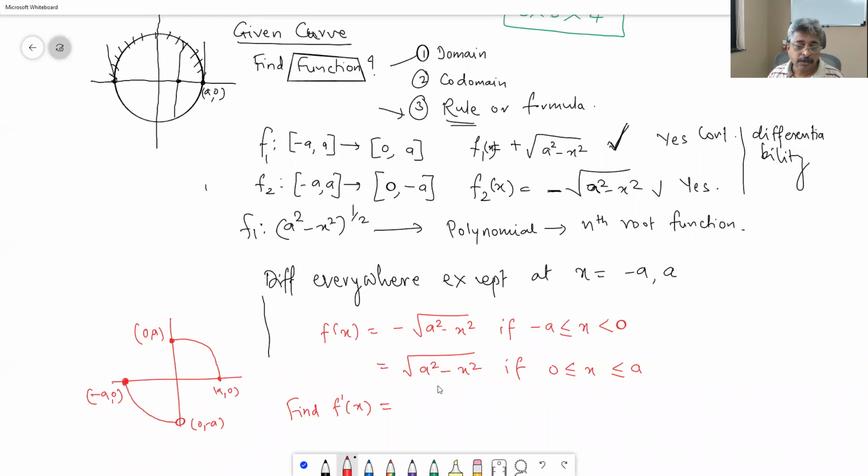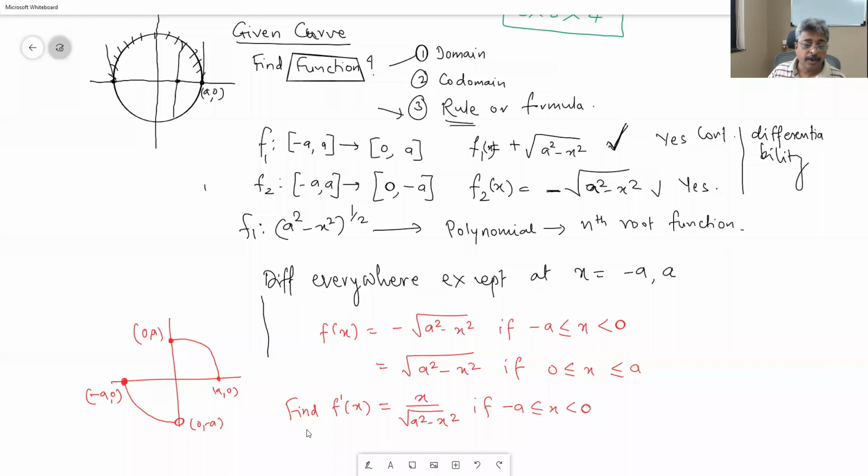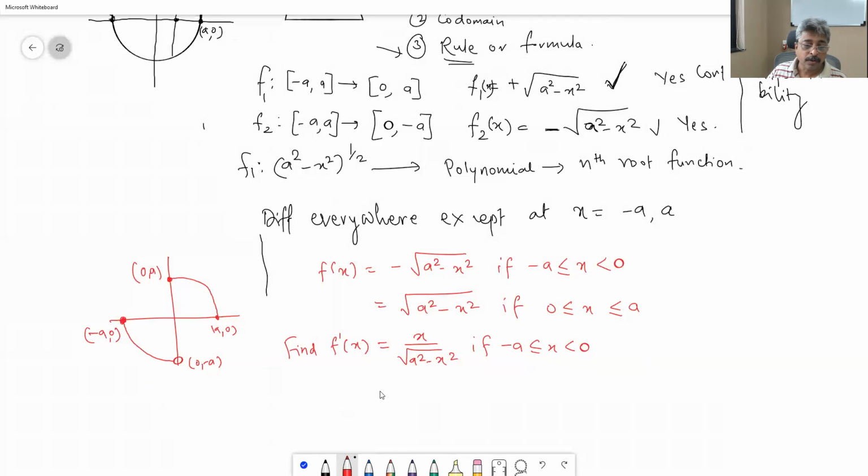X by root a square minus x square. Huh? X by root a square minus x square, if minus a is less than or equal to x is less than or equal to 0, and is equal to minus x. Is it correct?